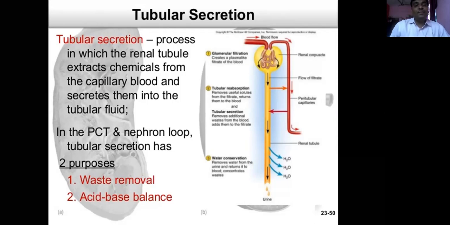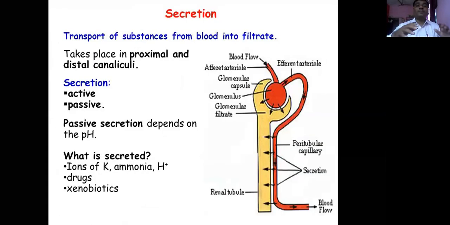In the PCT, proximal convoluted tubule, of the nephron, as well as the loop of Henle, tubular secretion takes place. What is the purpose of tubular secretion? It is essential to remove unbalanced waste material. It also regulates the acid-base balance. Hence, it is very important.